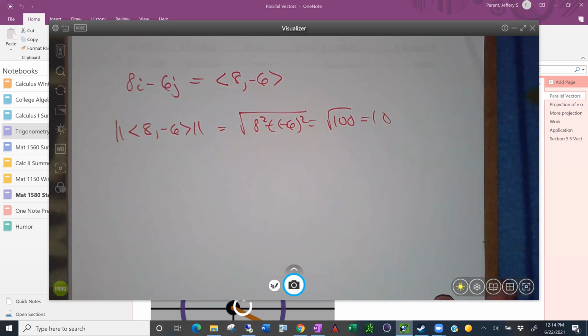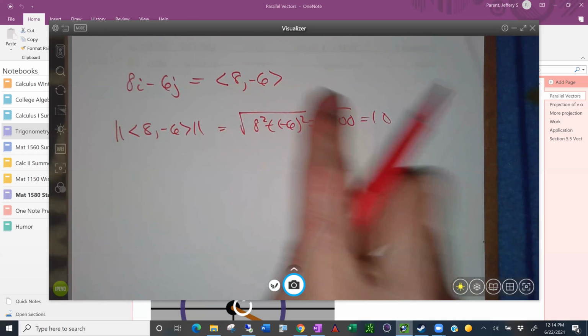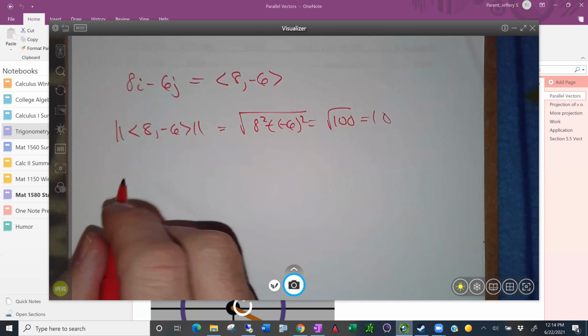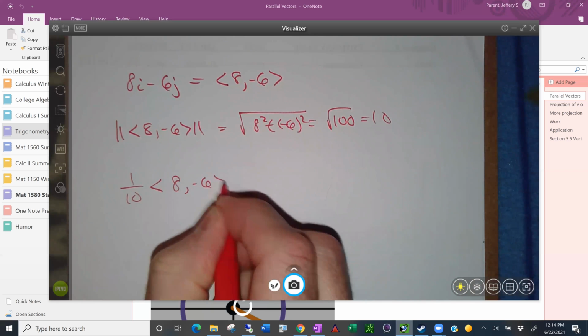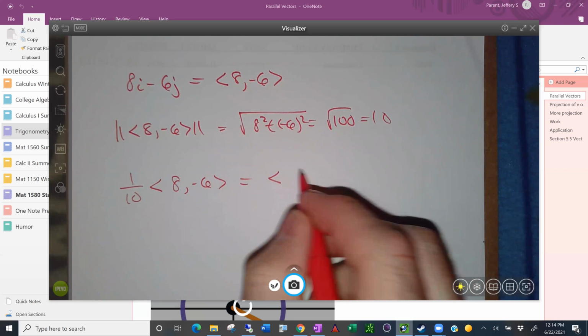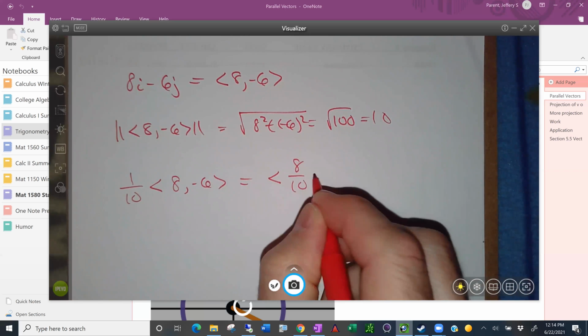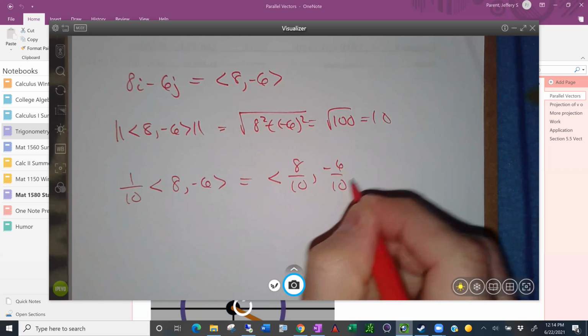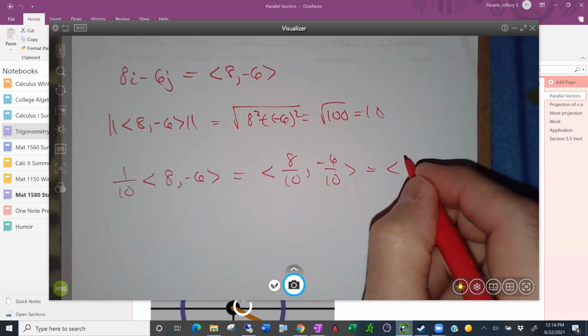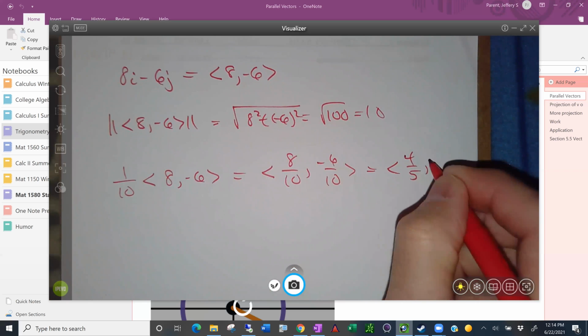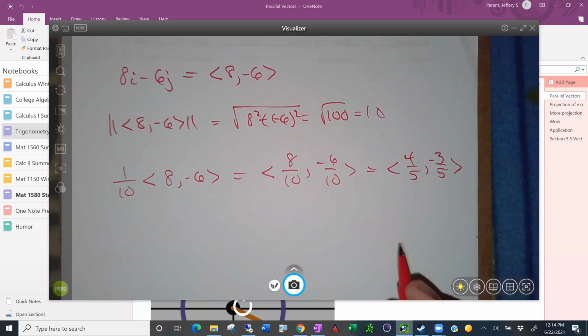So if I want a unit vector from this vector, I can say, all right, well, I'll take 1/10 of (8, -6), and you write that as 8 over 10, negative 6 over 10, or you can write that in lowest terms as 4/5 and negative 3/5. That's a unit vector.